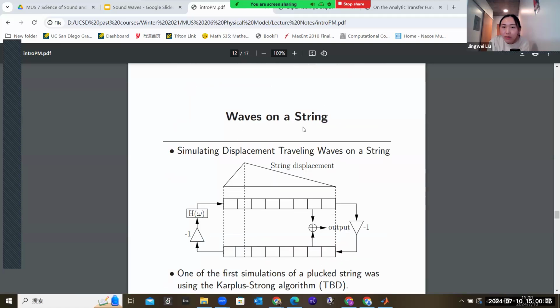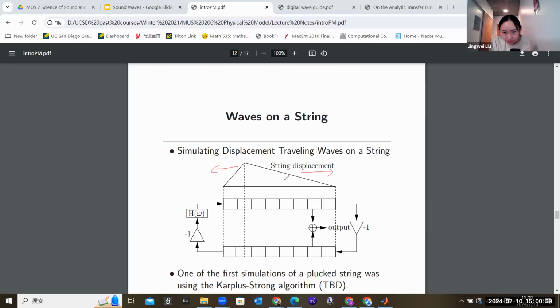So here are the waves. This is the string model we just talked about. And in this real physical modeling, there will be two waves like this. When it hits the boundary, it will be reflected.